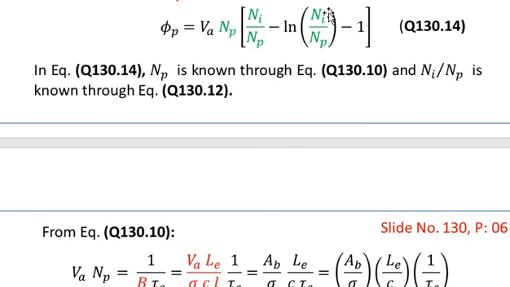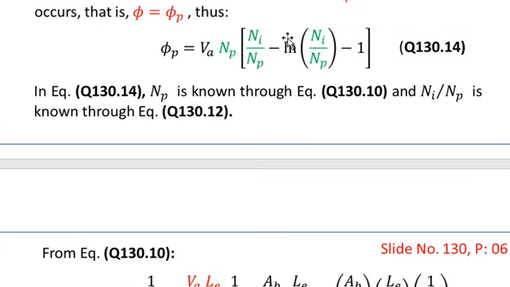Now let's find some meaningful results. We can also write log of Ni over Np in some more appropriate form.